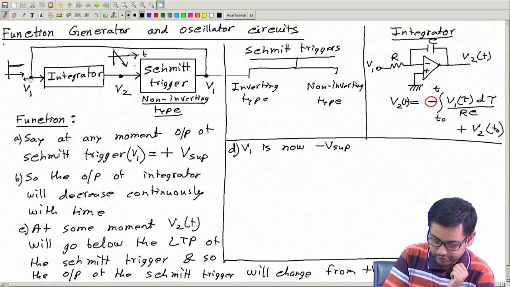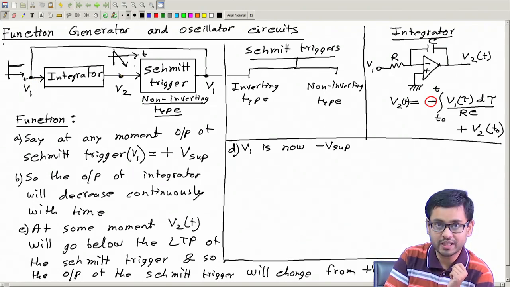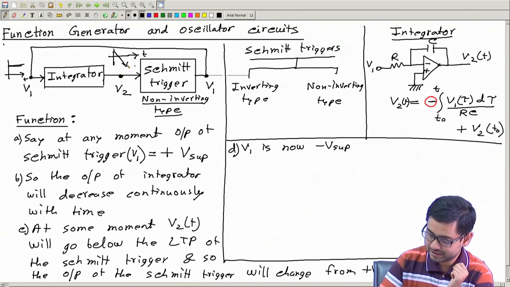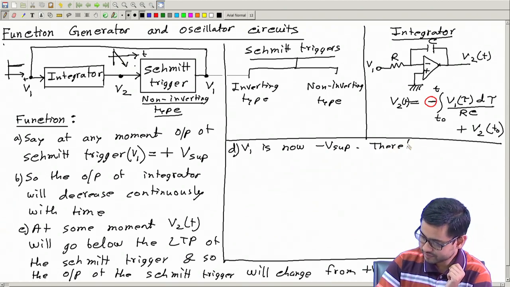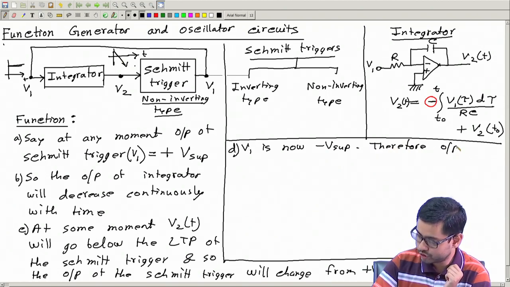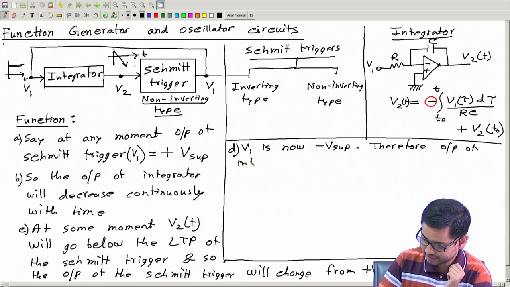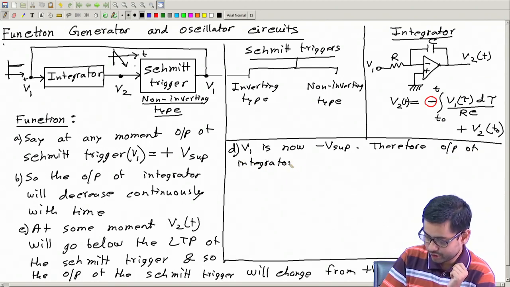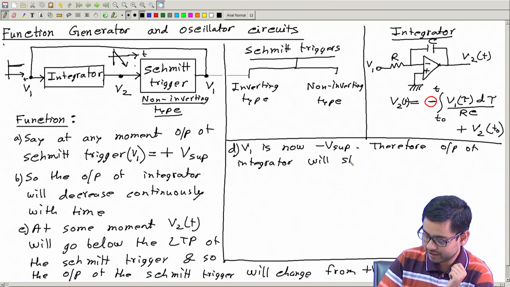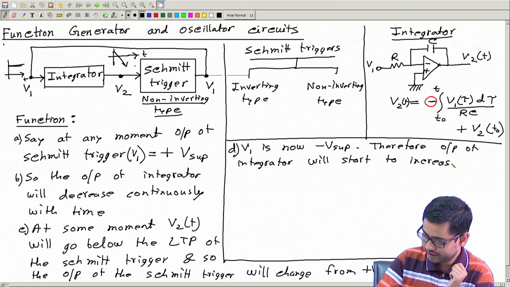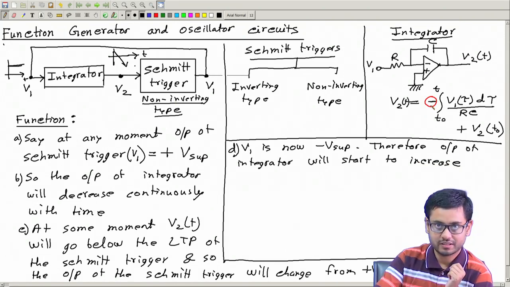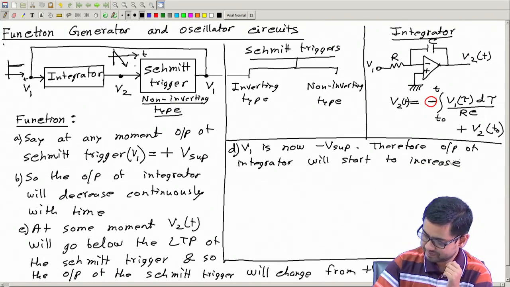If a negative input is coming here, the output will now start to decrease. Therefore the output of the integrator will start to increase, because of this minus sign. If the input is negative, output goes up.